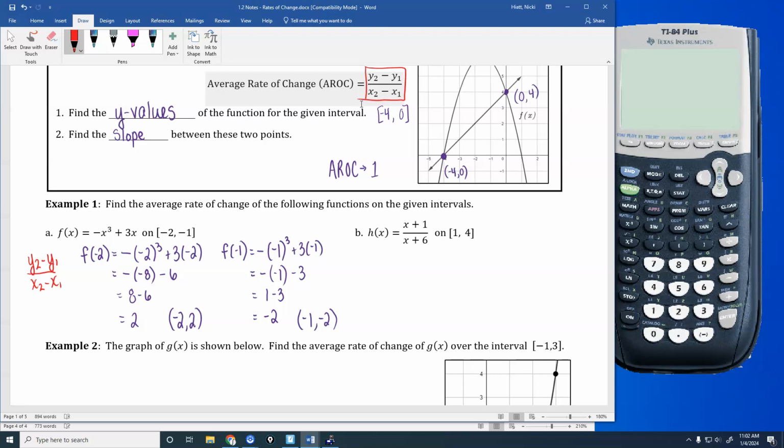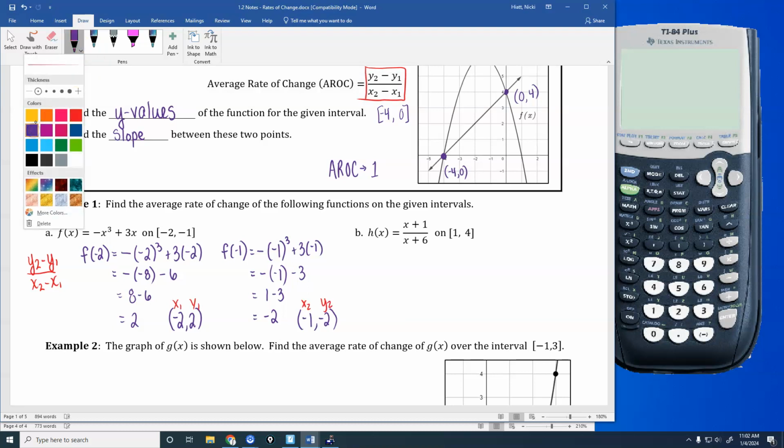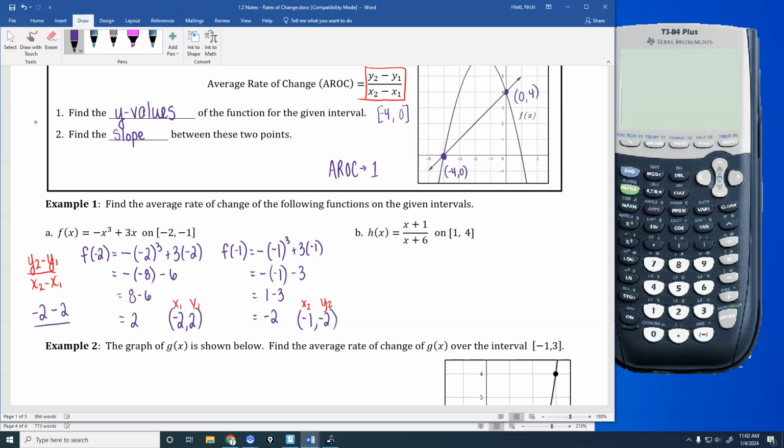It doesn't matter which point is x1, y1, and which one's x2, y2. You just have to be consistent in what you choose. So normally people do this as x1, y1. This is x2, y2.